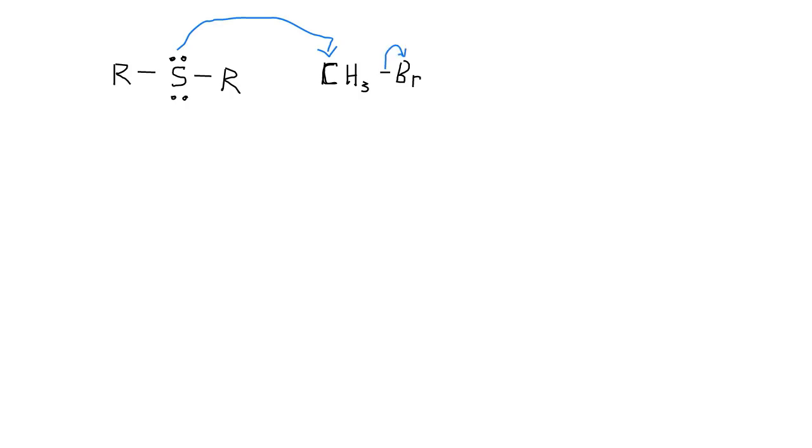What that will do is give you a positively charged, somewhat unstable trisubstituted sulfur here. So you end up with R, sulfur, R, CH3 here, and there's one pair of electrons, and this is now positively charged.